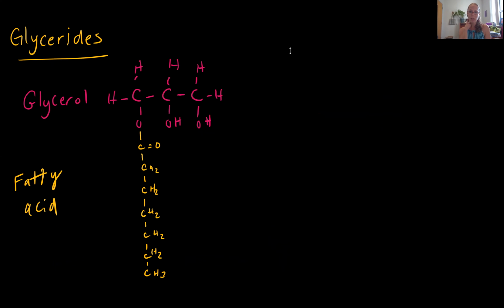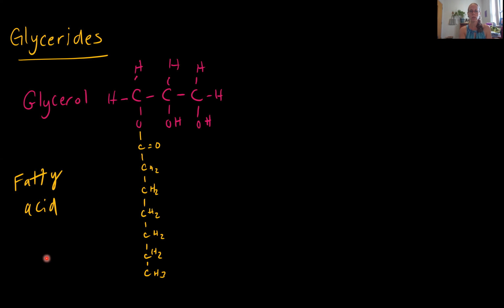There are some different types of lipids for us to talk about, not just the categories, fats, oils, and waxes, but at the molecular level. So we have a group of lipids called glycerides. Glycerides are characterized by having a single glycerol and at least one fatty acid attached. So we have a glycerol and a fatty acid attached to make a glyceride.